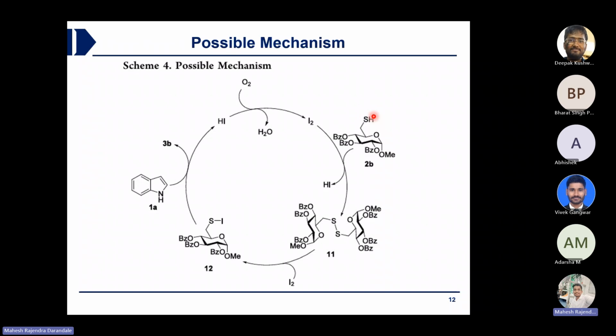And later, after making the disaccharide, this thio we can convert to the peptide, using the indole moiety.